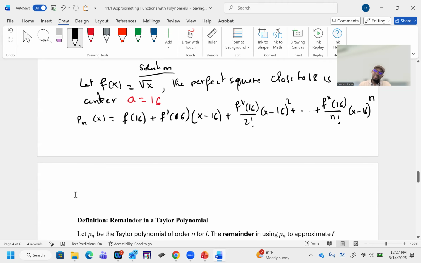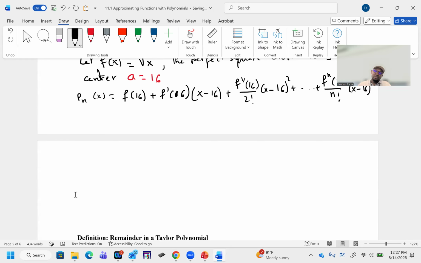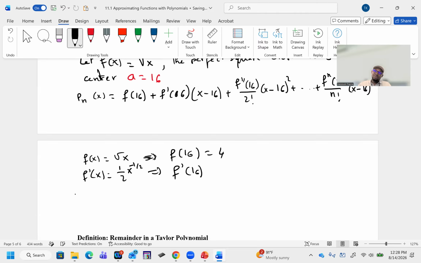So now, next, we know f of x is square root of x. So that means f of 16 would be 4. f prime of x is 1/2 x to the power of negative 1/2, which means f prime of 16 will be equal to 1 divided by 8.